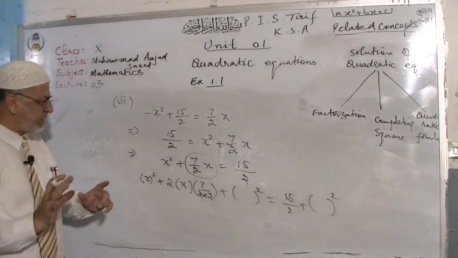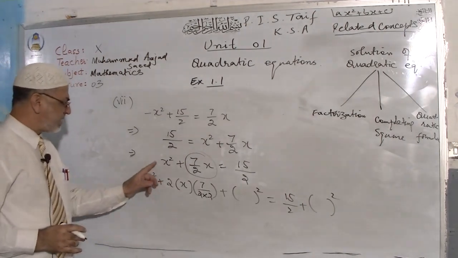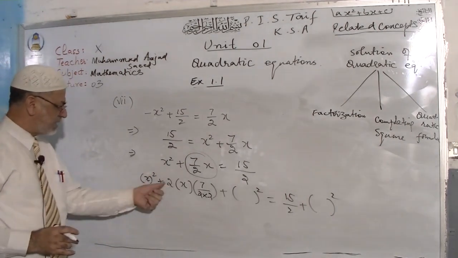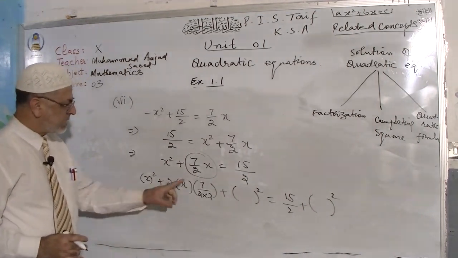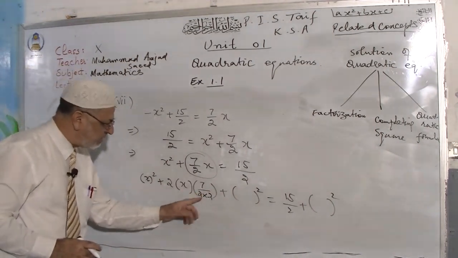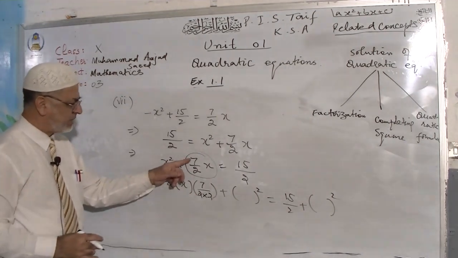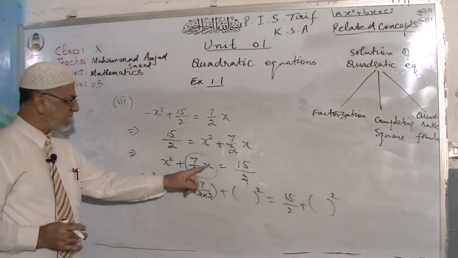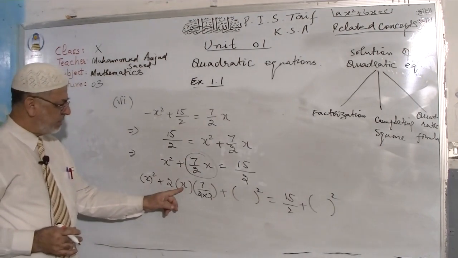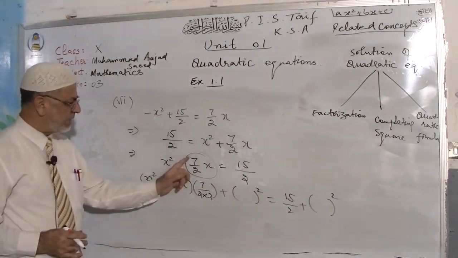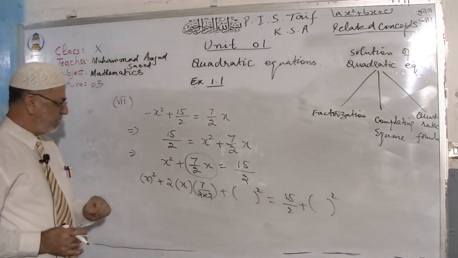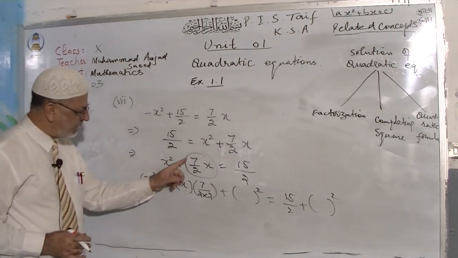Look again, I am repeating. First square plus 2 into first into second. Second term is that one which you get after simplification and cancellation. Here is x, here is x. You need 7 here, so write 7 up. Here is 2, you don't need 2 here.